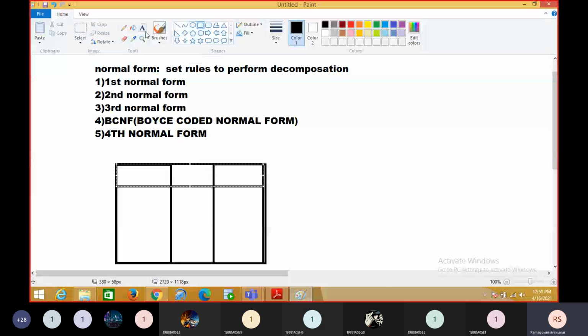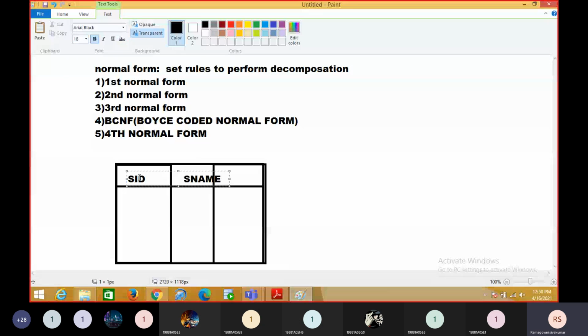Student ID. And the student course. Student ID. Next, course C, C++, multiple.